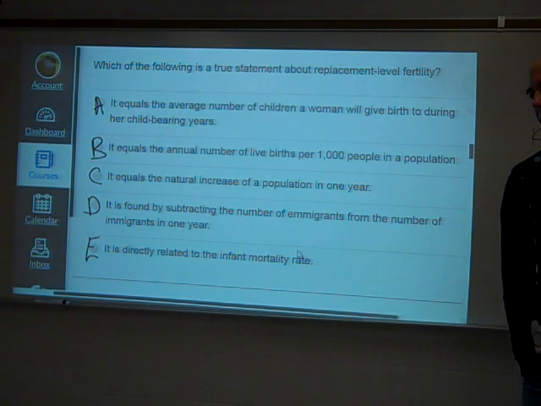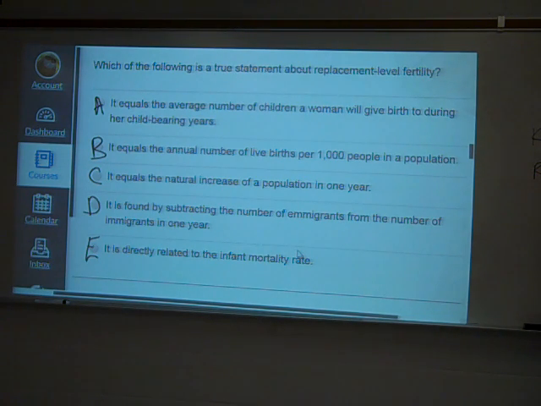So what we see is that in pre-industrial and transitional societies, pre-industrial, remember, is before they get any kind of access to healthcare, stuff like that, you're looking at replacement level fertility that runs around 2.8 or so. That would be how many they would have to have to account for those lost through infant mortality.